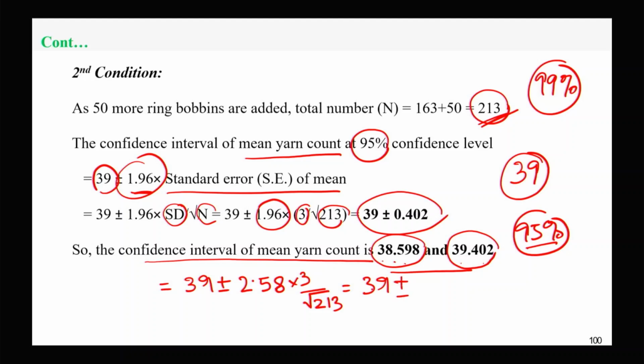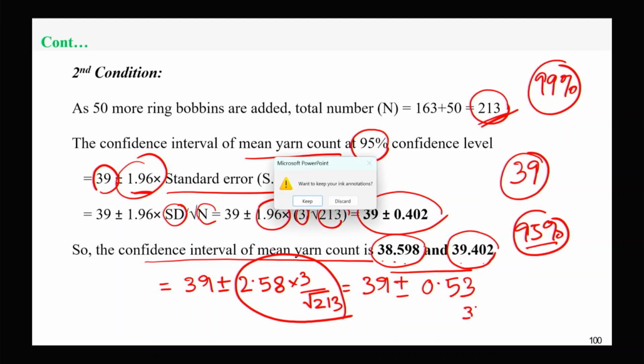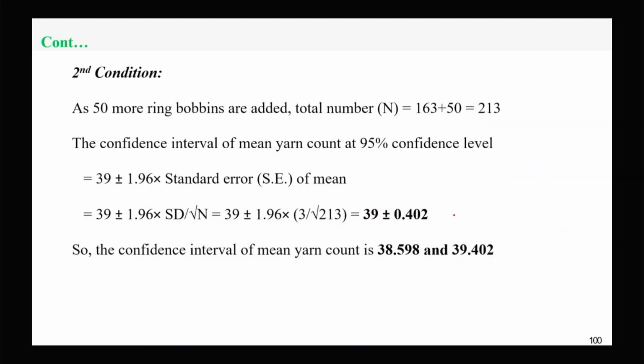This parameter is going to be 0.53, which means at 99% level we have 39 plus minus 0.53.